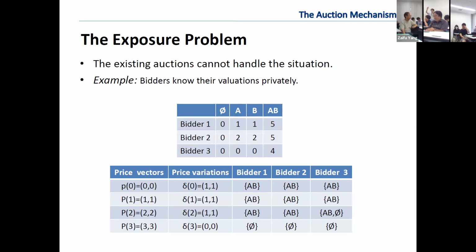Then it seems that just reporting my valuation for the table is not the dominant strategy. If there's only one consumer, he or she can just misreport a lower value. So if we just take this auction in this way, it's not strategy proof.